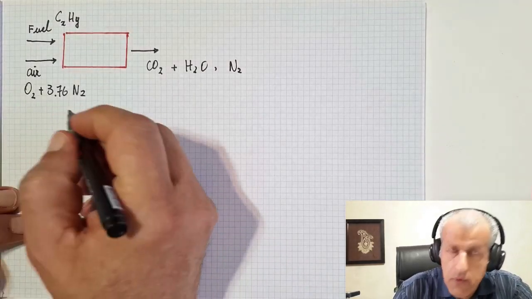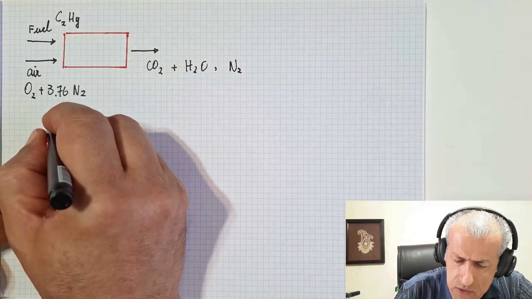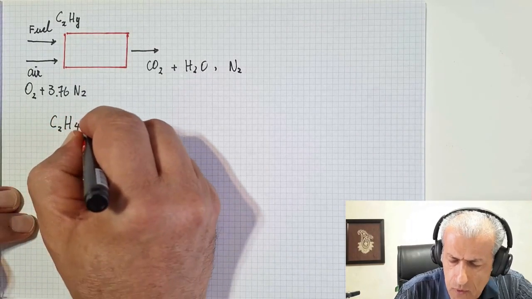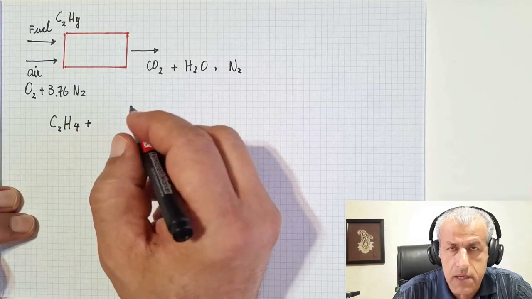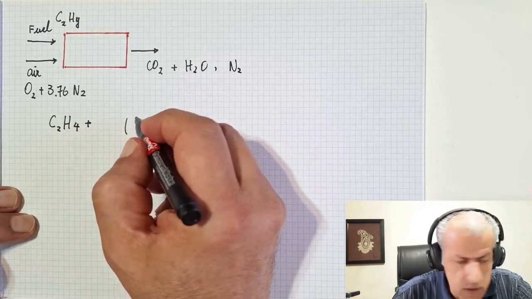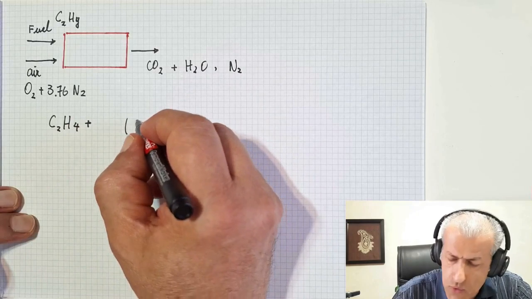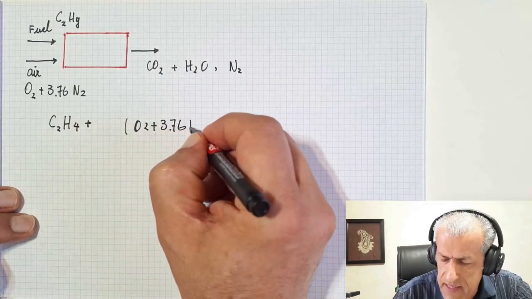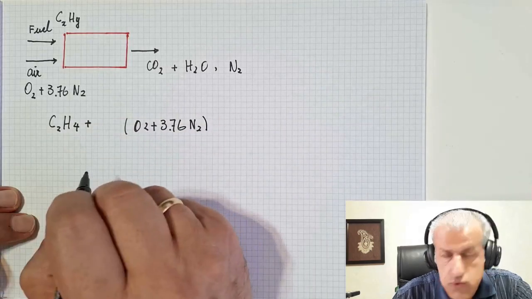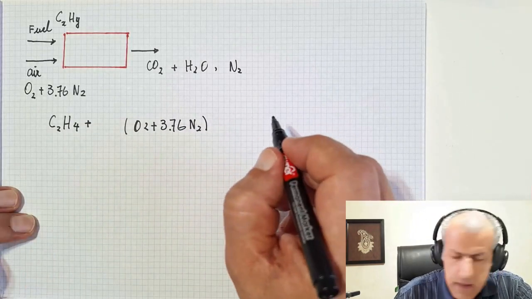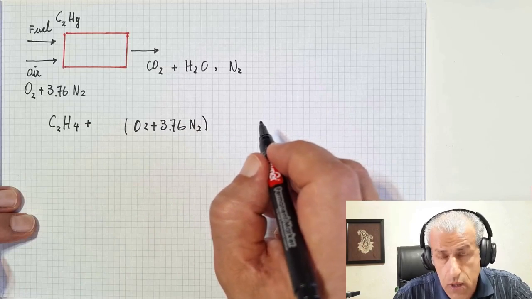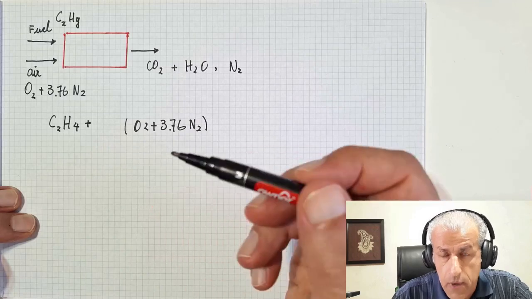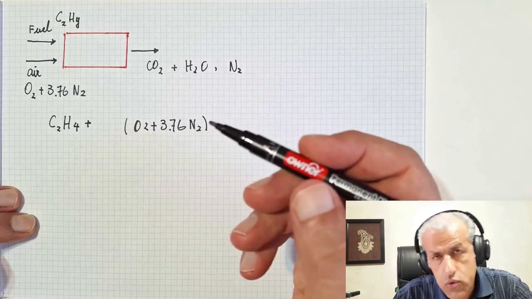So our fuel is C2H4, plus our oxidizer is air, which is O2 plus 3.76 N2. And first we do ideal combustion and see how many moles of O2 we need.